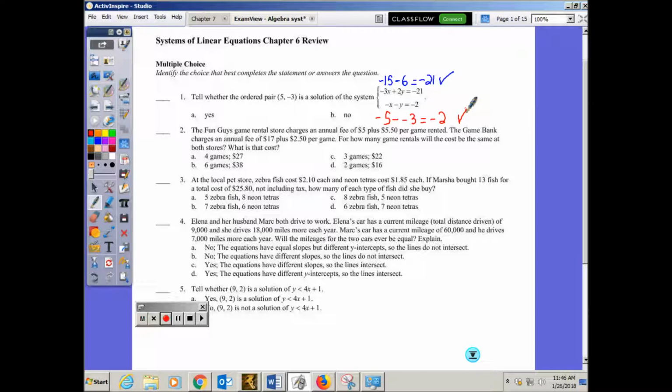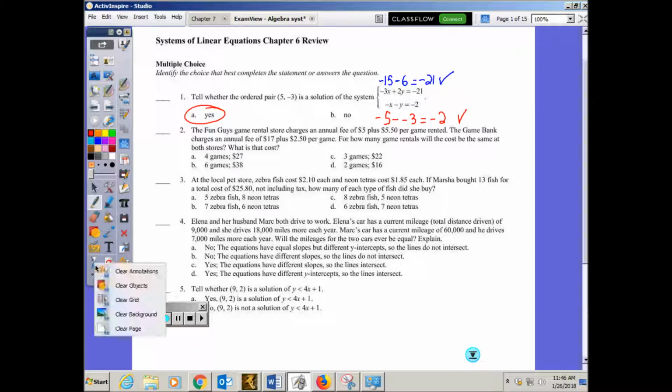So that checks. So the answer is yes. On your papers, you should show me that you were able to write this and plug this in. It will be easier to do this if you're writing while I'm actually doing it. So yes, it is a solution. That's what we mean by solution.